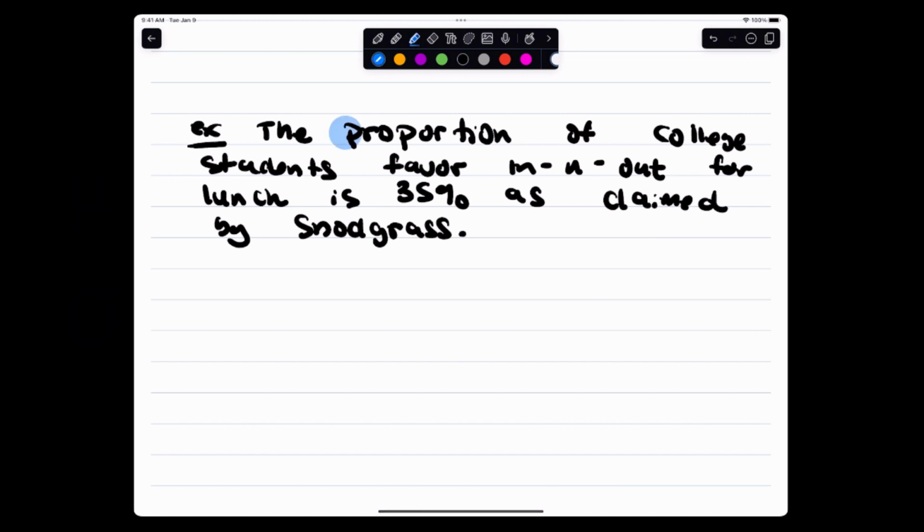You first have to set up your hypothesis, but before you can do that, you have to read the statement and translate it. We've been doing this. I want to point out, this is a claim by Snodgrass. So let's write this down. This is an important part.